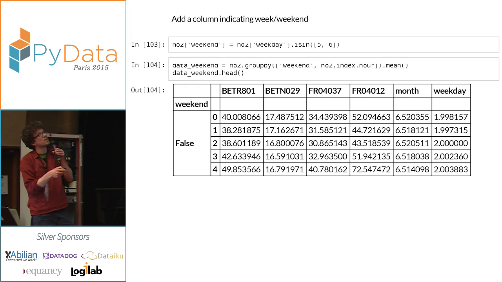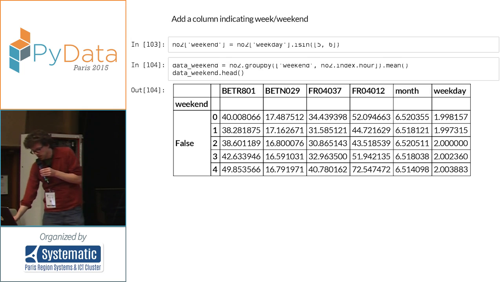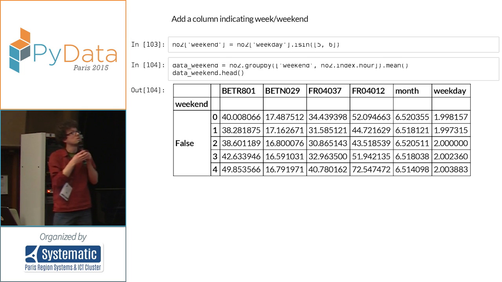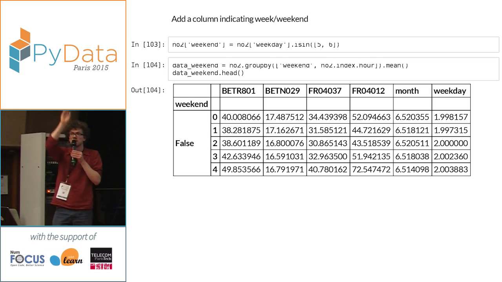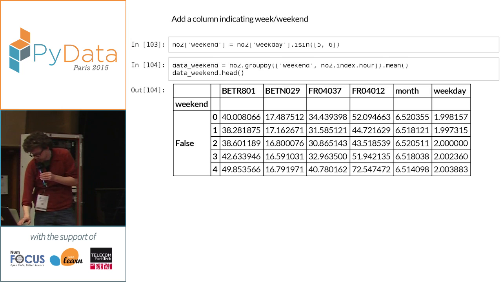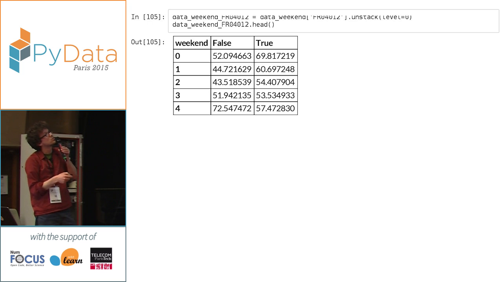First you have false, and then 0 to 23, and then for the trues also 0 to 23. But for plotting it, it's easier to have just two columns, the week and the weekend. So in this case, as we saw before, you can use the unstack function to shift the false and true to the columns.